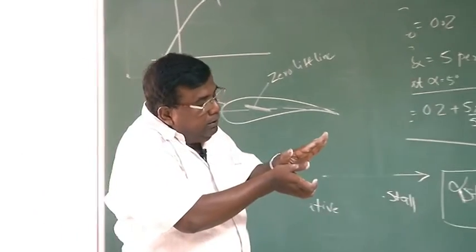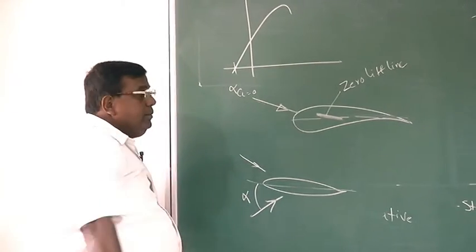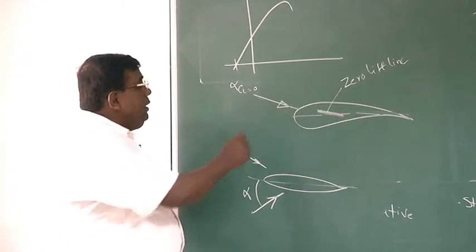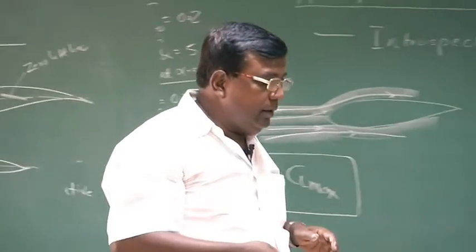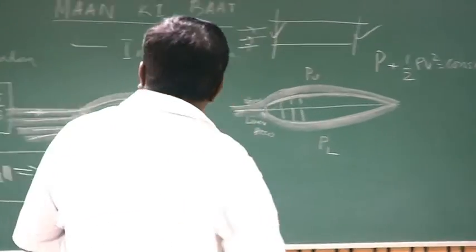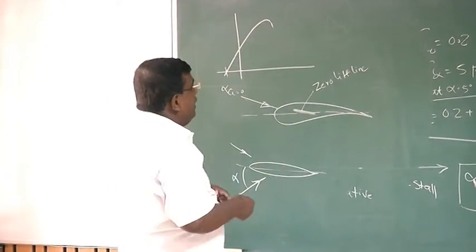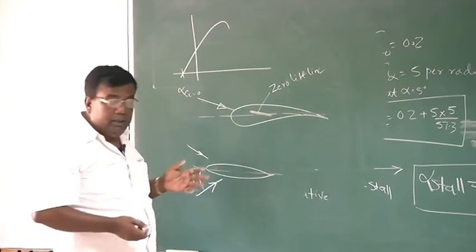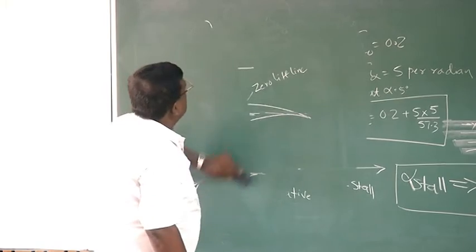But negative will be in the reverse direction. That is why this is negative angle of attack. So this was what we discussed to create a foundation. I'm trying to add a little bit more insight into it so that our next lectures become very smooth.